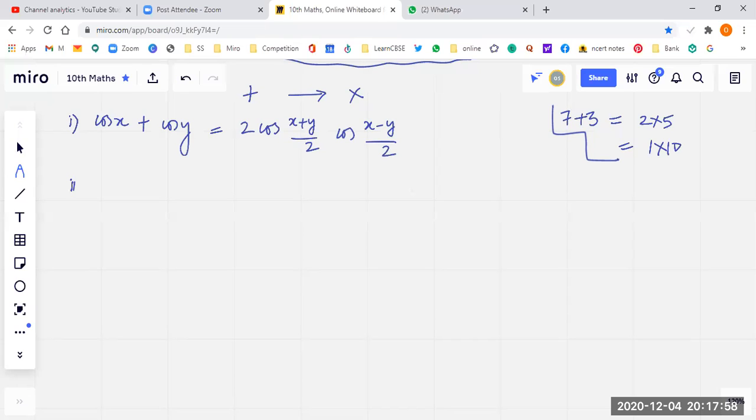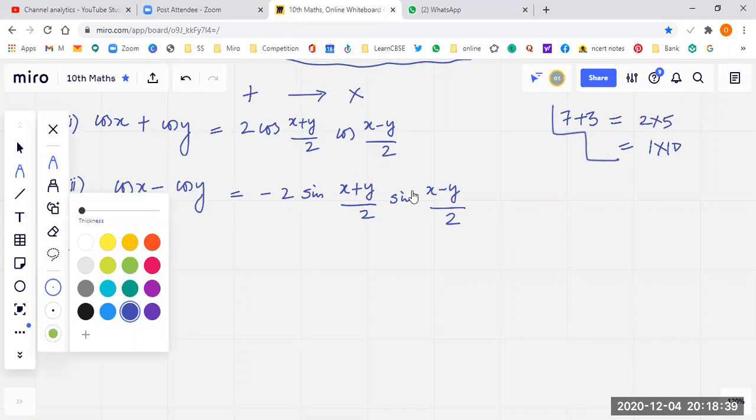Second one, I'll prove one of them. We have cos x minus cos y is equal to minus 2 sine x plus y by 2 sine x minus y by 2. So for cos x plus cos y, cos and cos, when we have cos x minus cos y, it converts to sine. Now the third one.